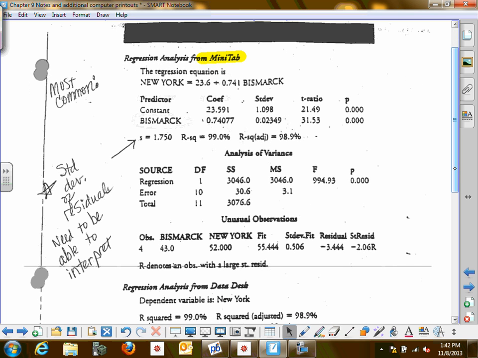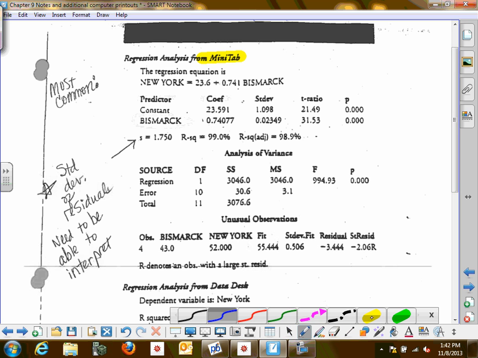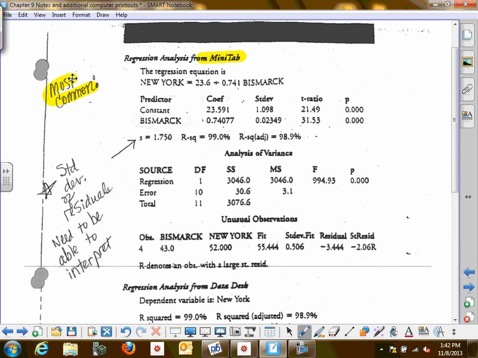A few days ago, we learned about the most common software analysis program, Minitab. So, where in this picture are the y-intercept and slope located? Good. Constant is the y-intercept.